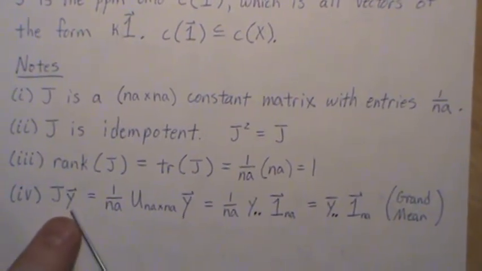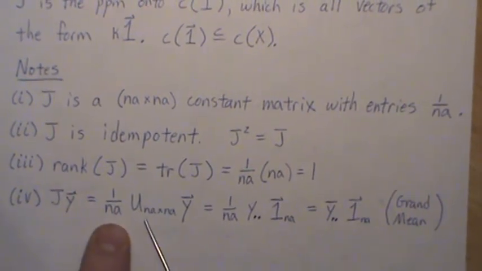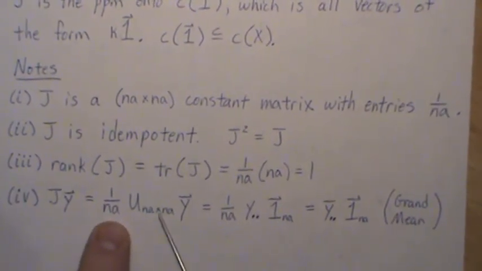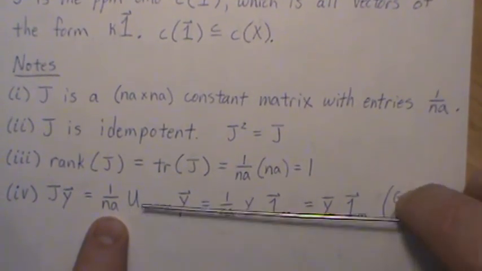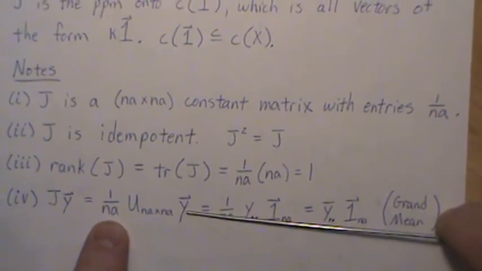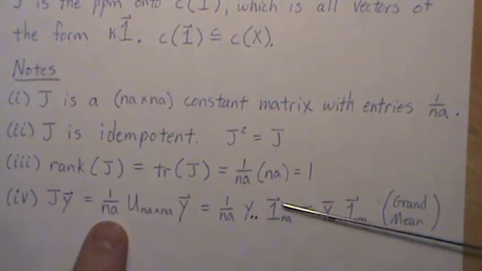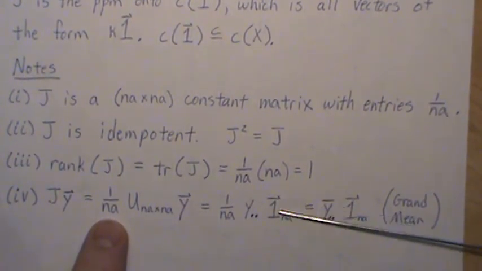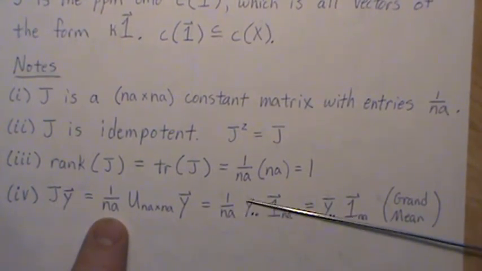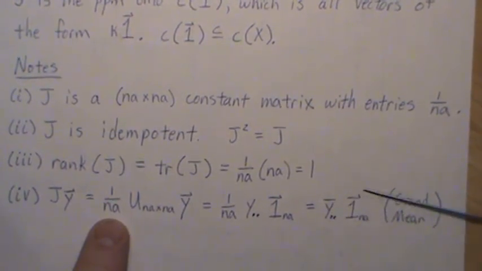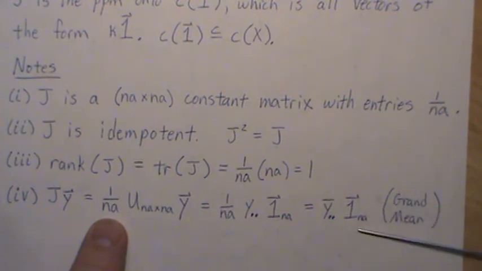If we look at J times the Y vector, remember that J is just a constant matrix. So when we do this multiplication, we're adding up all the Y's, and we do that for each row. So it's the sum of the Y's, na times, a constant vector. But then if we multiply by 1 over na, that becomes the grand mean. So this constant vector is just the grand mean repeated na times.